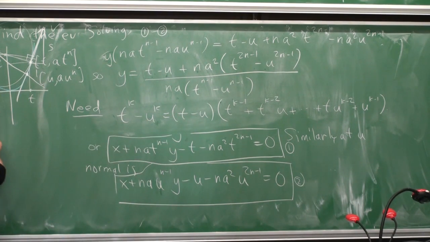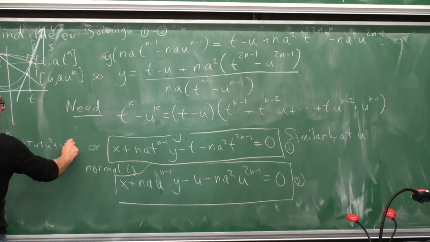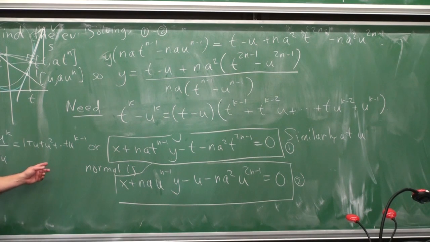It's really the formula 1 minus u to the k over 1 minus u equals 1 plus u squared all the way up to u to the k minus 1. And conversely, if you remember this one and you want this one, it's just a question of replacing u with a over b or L over m or something like that, and then you can extract that one.